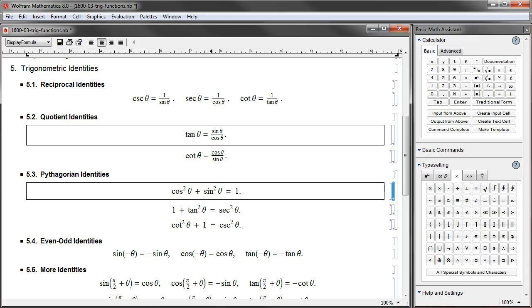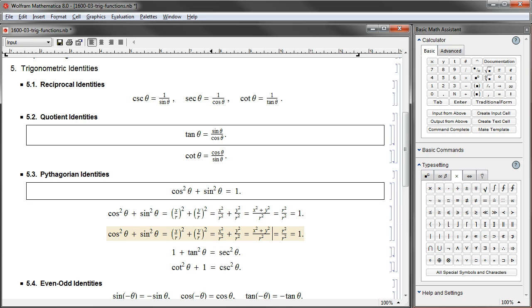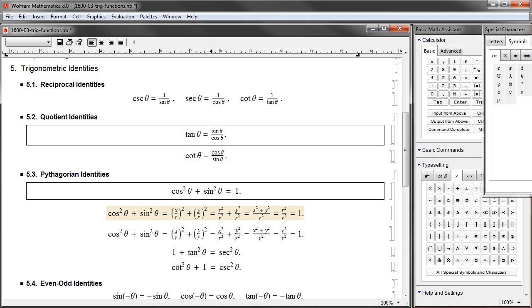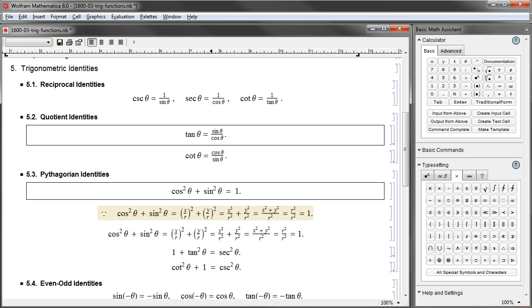And another implication here is that sine squared and cosine squared are interchangeable. You can express sine squared and cosine squared in terms of each other.